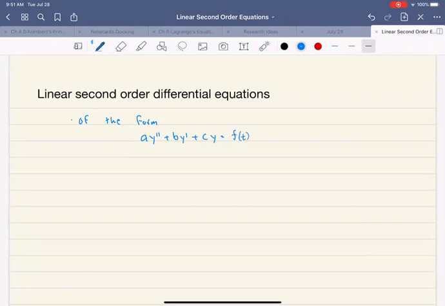Now if f of t equals 0, this is called homogeneous.